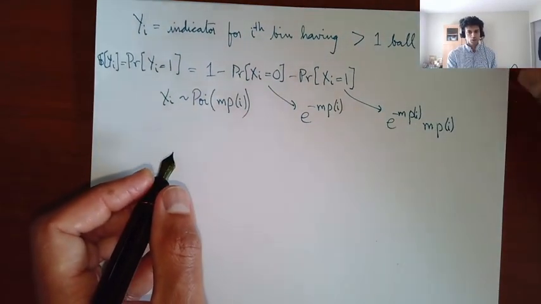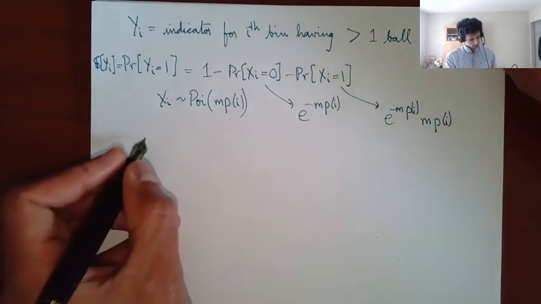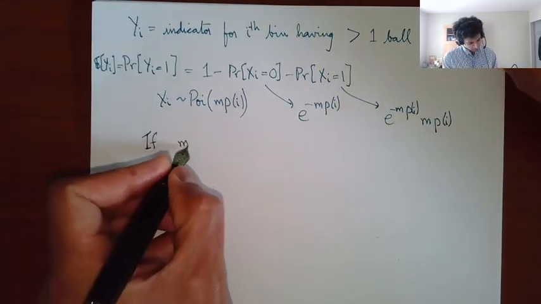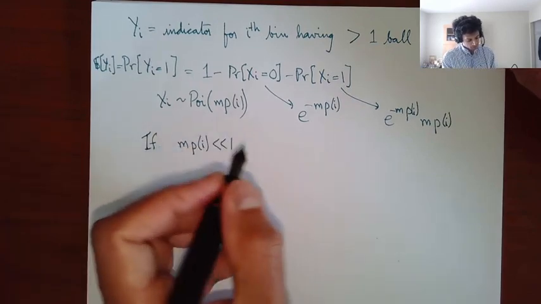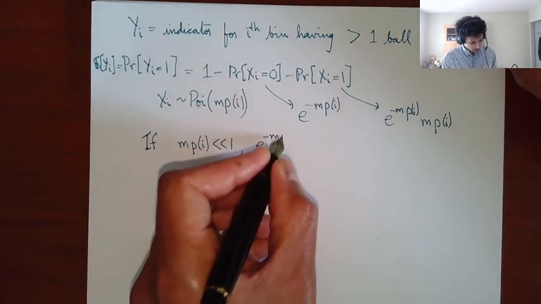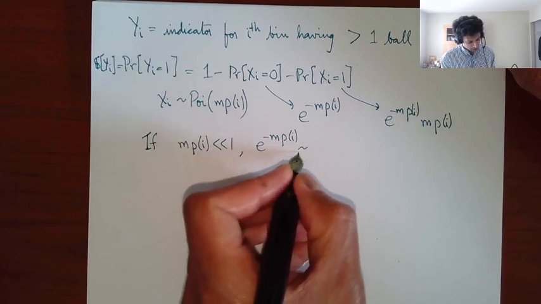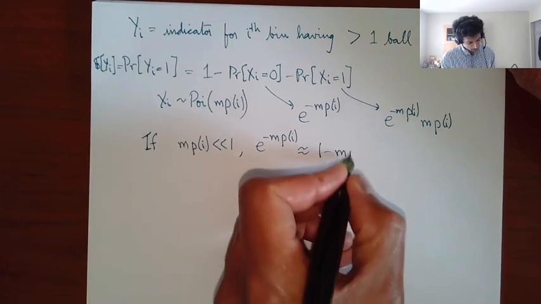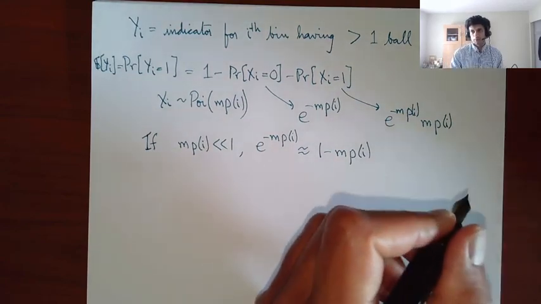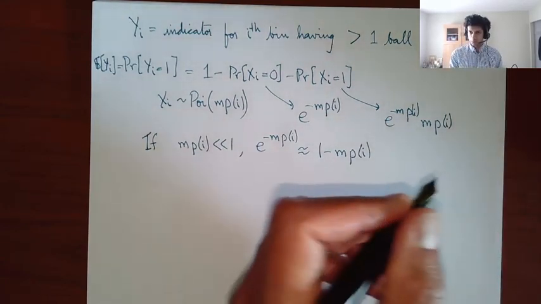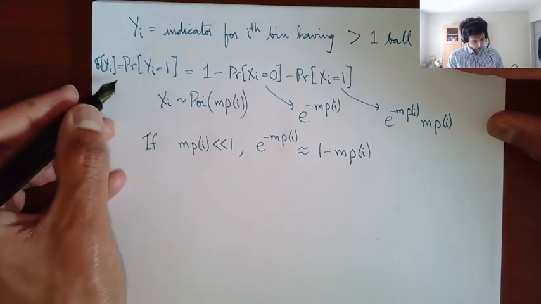Here's where I'm going to use that approximation. If MPI is much smaller than 1, then e to the minus MPI can be approximated as 1 minus MPI. Okay, so I'm not working out the math in gory detail. I'm not doing it formally, but you can make it formal. It's not very hard.